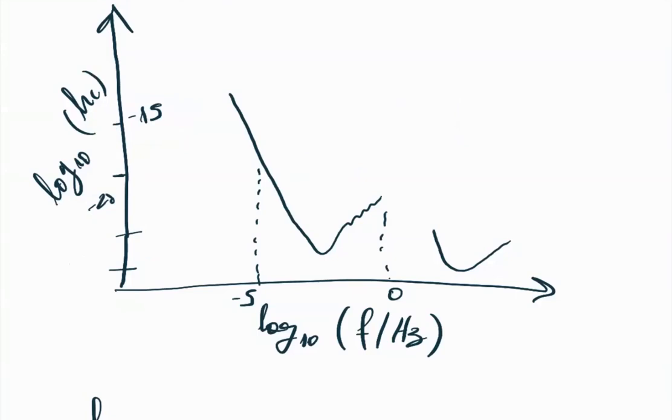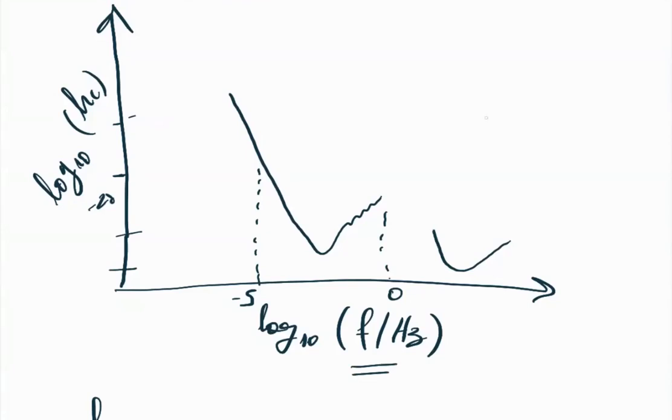So let's go back to these detectors. I want you to think. So you can relate this frequency to masses. You can think of this as a frequency in hertz, or you can think of these three different windows.